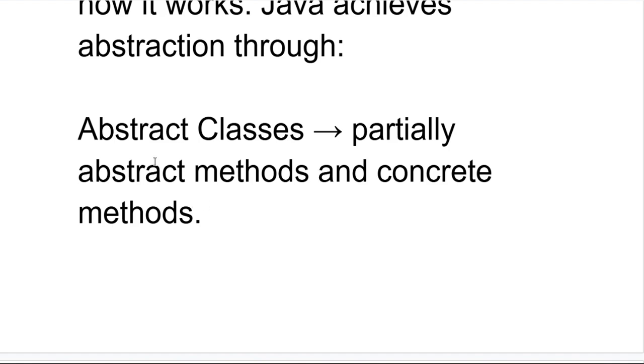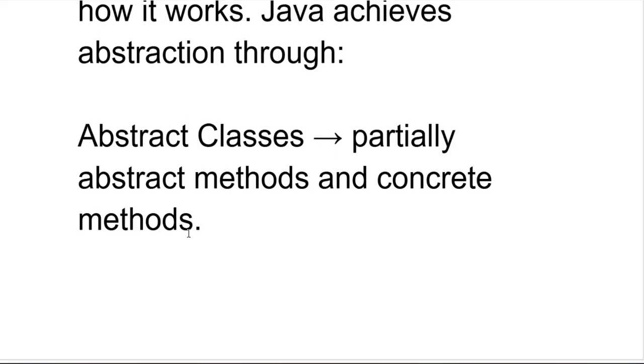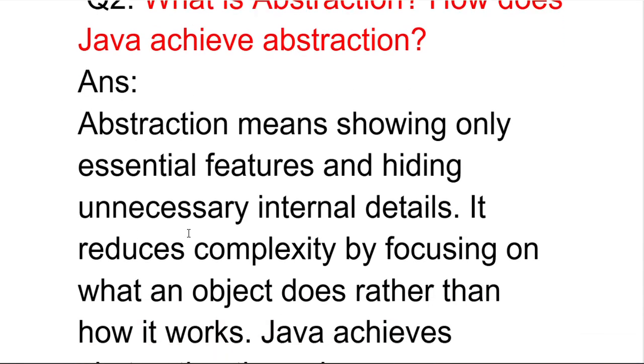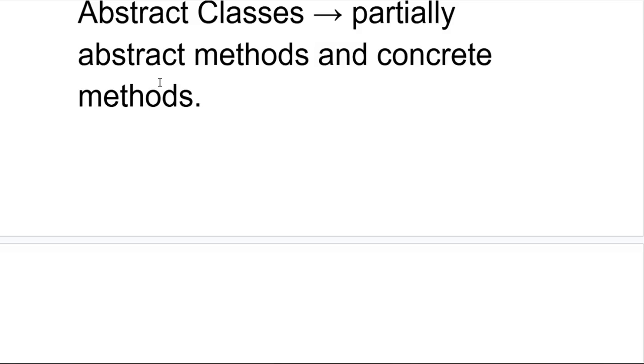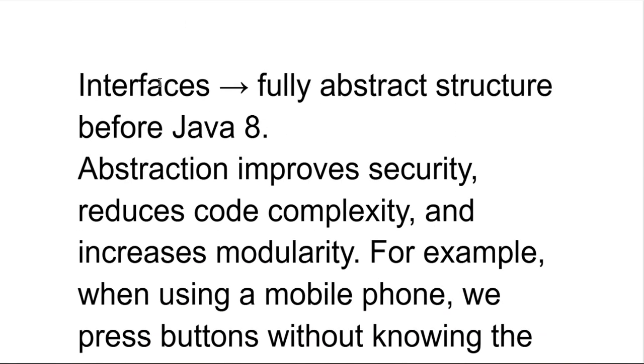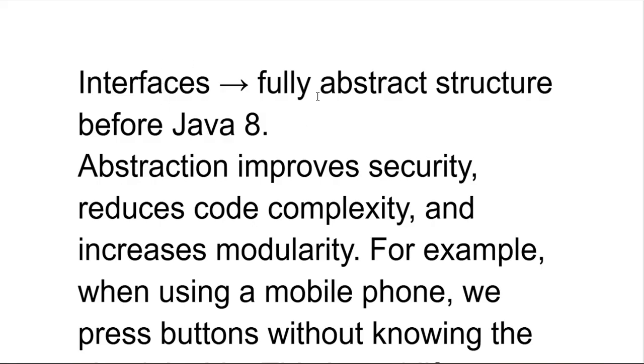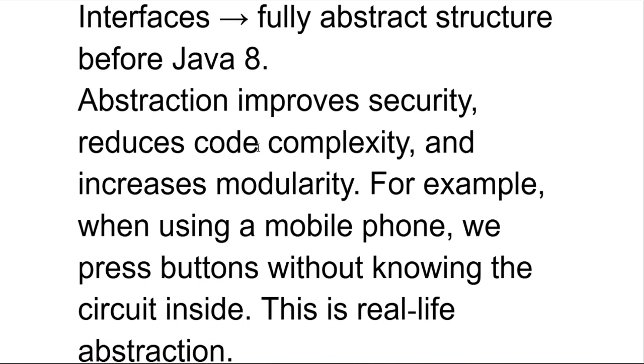Here, abstract classes are partially abstract, containing abstract methods and concrete methods. What are abstract classes? Abstract classes are simply used in abstraction. Abstract is a keyword, used to define an abstract class. Interfaces are fully abstract structures before Java 8.